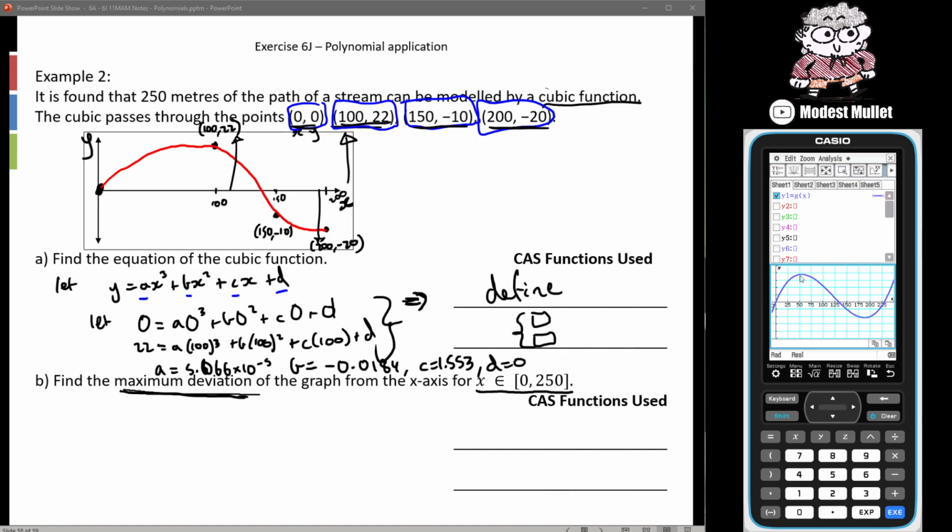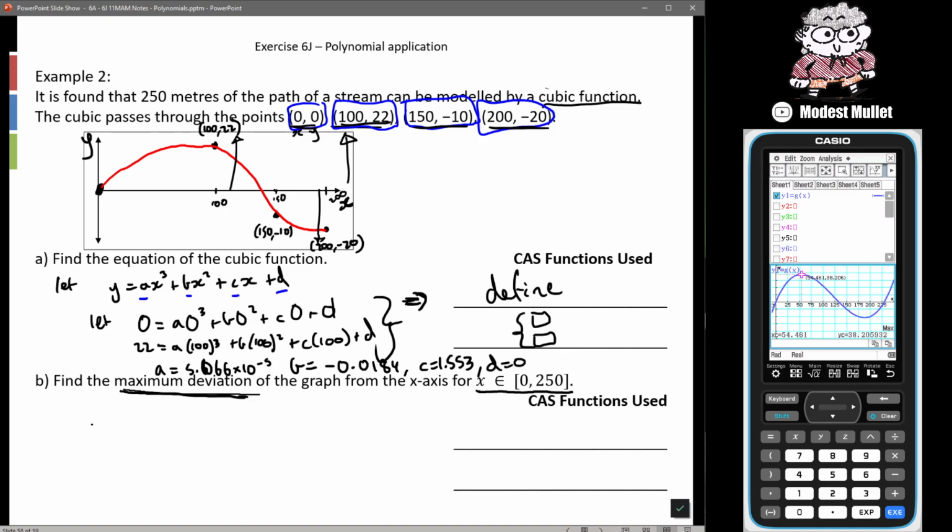So we can see our first max is occurring around 50, and then the minimum occurs around 175, and it's clear to see that the deviation is much larger at the 50 point. So we want to find the maximum, so we're just going to go G-solve again, max, and it's found the max for us.